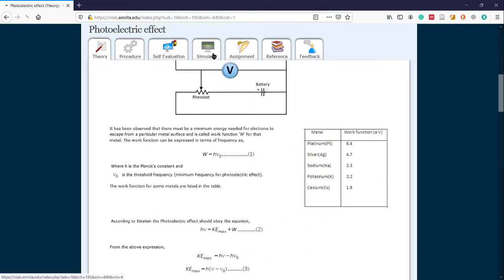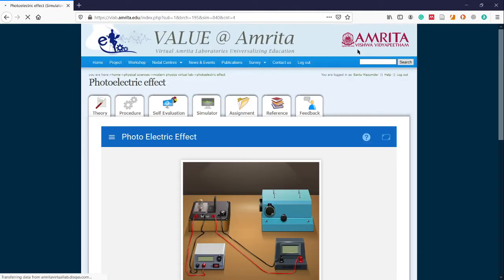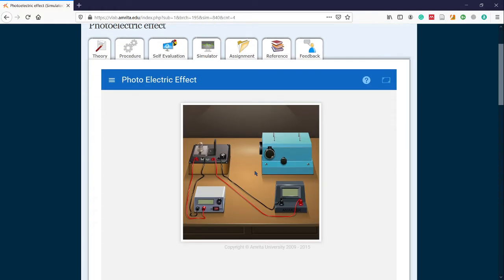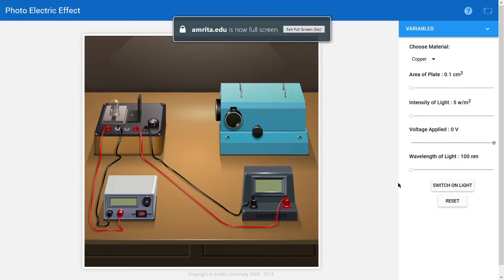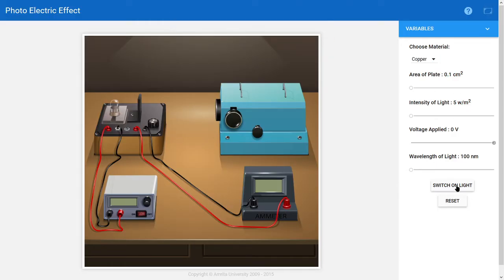Now coming to the simulation part, first of all, this simulator comes with a pre-implemented circuit, so we need not implement any type of circuit here, but we have to do something, that is, the switch on the light option is here. You can see the materials are given: copper, sodium, zinc, platinum, and one material is unknown.